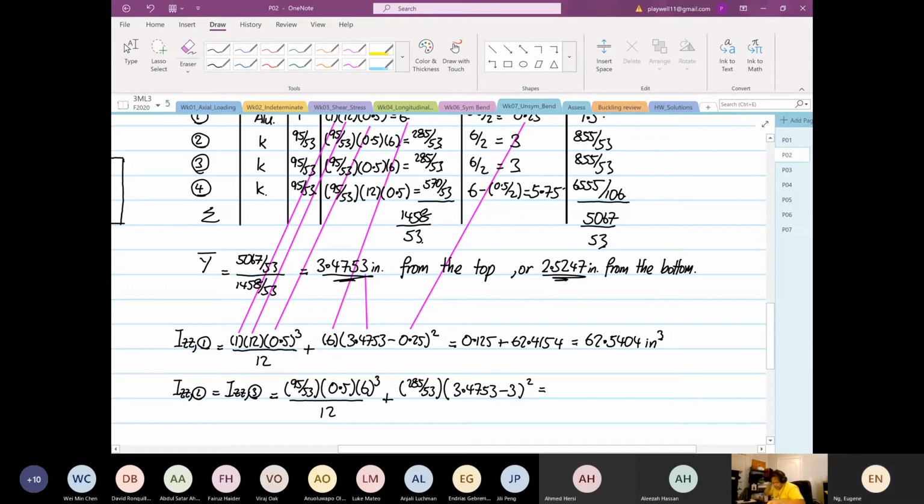Right. So now this will become 95 over 53 times 0.5 times 6 power 3 divided by 12.